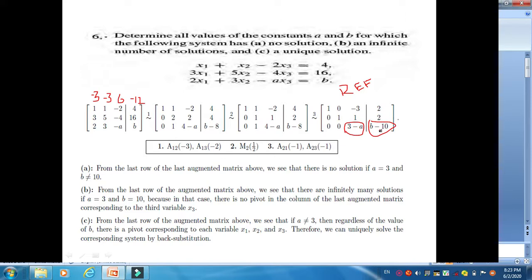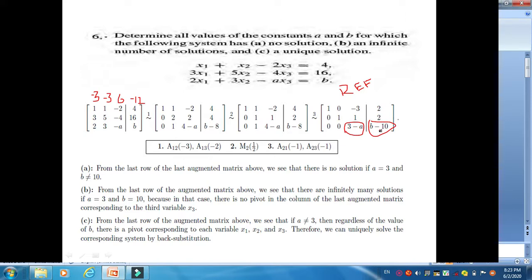So the rank of the coefficient matrix is now equal to 2 and the rank of the augmented matrix is also equal to 2, and both values are less than the number of unknowns. And what is the number of unknowns? The number of unknowns is 3. So it satisfies the lemma condition for a equal to 3 and b equal to 10.